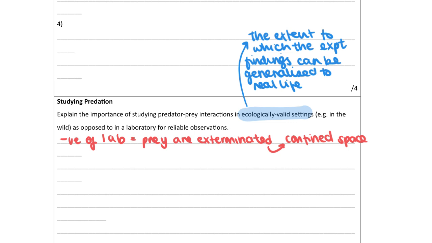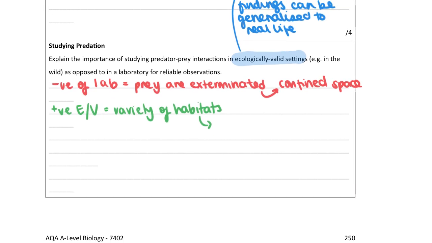However, if we have an ecologically valid setting, and that's what the EV stands for, then we have a much more reliable and representative response rate. In the ecologically valid setting, we're more likely to have a variety of habitats. And each of those habitats is great because it offers opportunities for the prey organisms to hide or to escape.